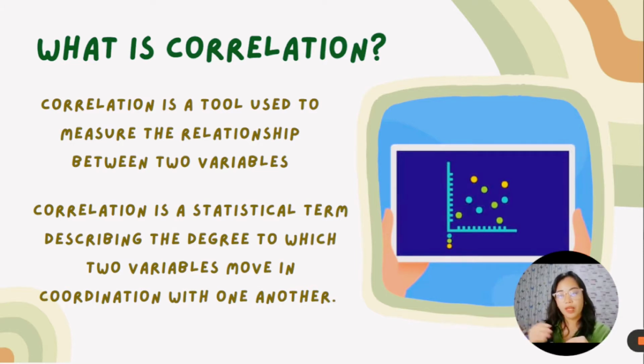If this variable is expanding or scaling higher, then the other may also scale higher. It's about the movement of these two variables, how they are coordinated with each other. So that's the meaning of correlation. Literally, correlation means relationship.